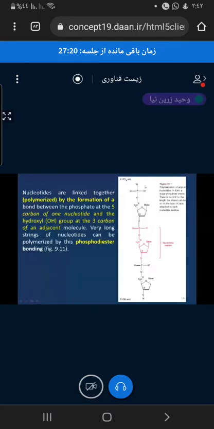As you see here, you can see the figure of the binding of the nucleotides together. A very long string of nucleotides can be polymerized by this bonding. Please write this.